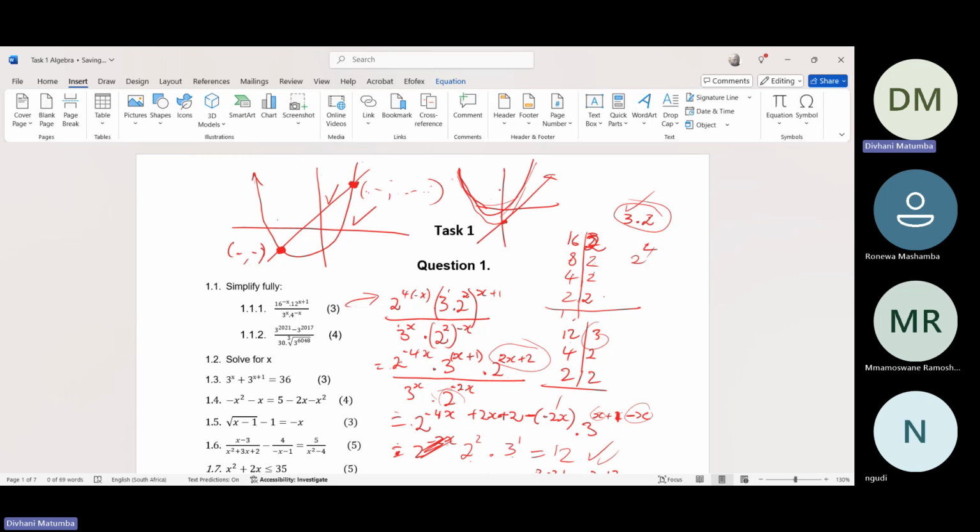If you end up with a negative value under the square root, you must tell the examiner that the two graphs do not cut each other. Therefore, there are no solutions. But if you get two solutions that are the same, it means your graphs are only touching at one place. Luckily, in our example, the two graphs actually cut each other twice.